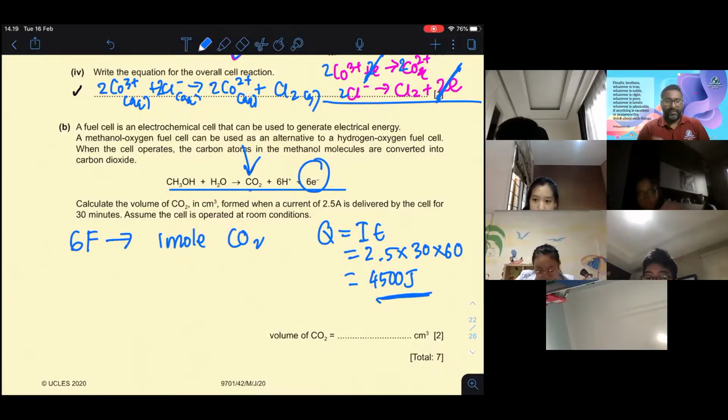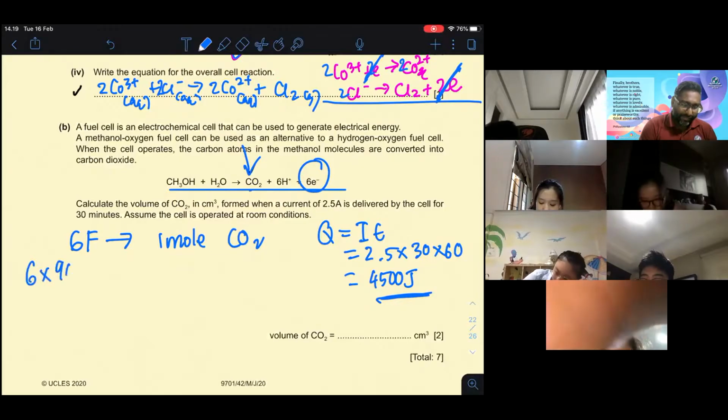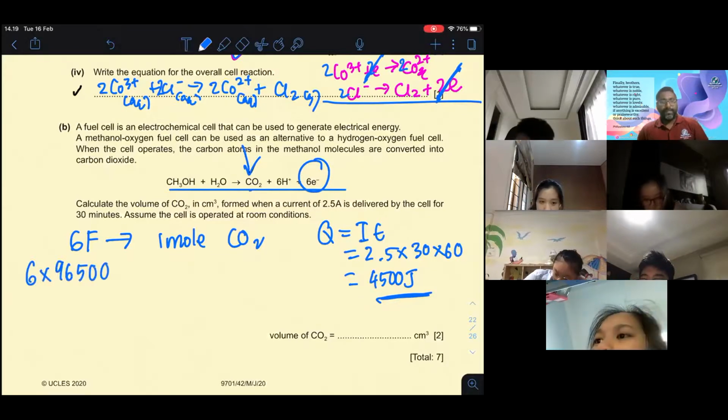You need to memorize 1 Faraday is 96,500, or you can refer to your data booklet.